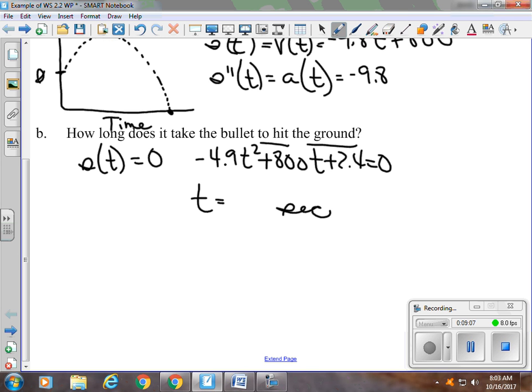126.83. Really? I would not have thought it would have been that high a number. Okay. Well, that might be right, because I was thinking it would take less time because we shot it off so fast.